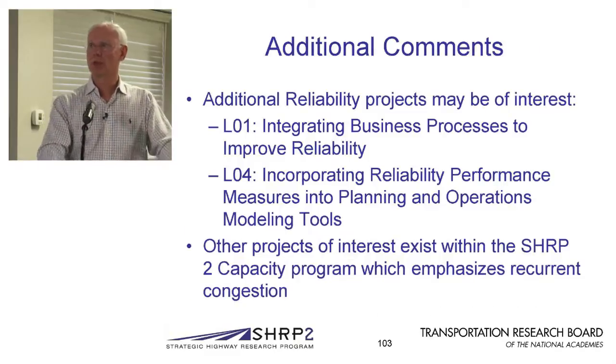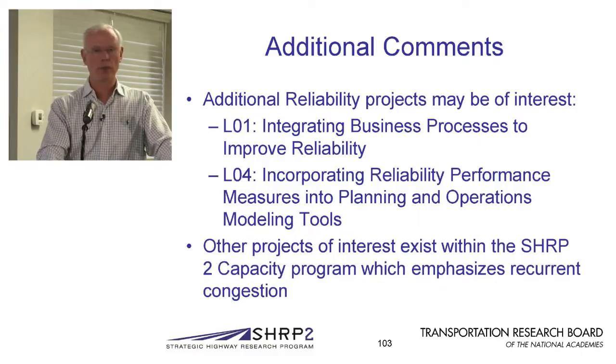We mentioned some other things that aren't part of the L38, but bear as a reminder. One of these is the LO1 report, which we talked about in terms of leading to these workshops and the focus on the business process and so forth.